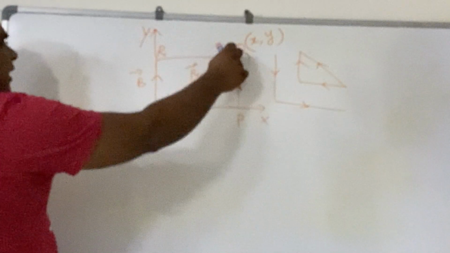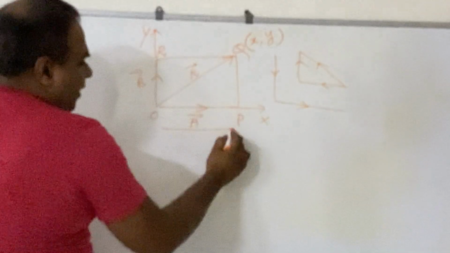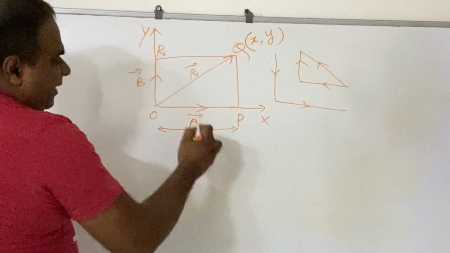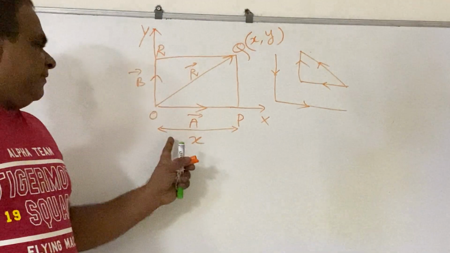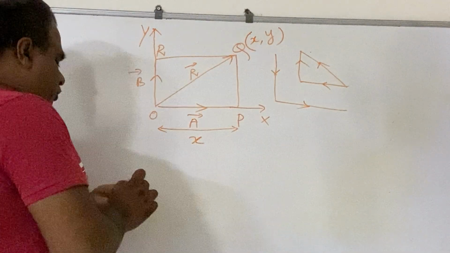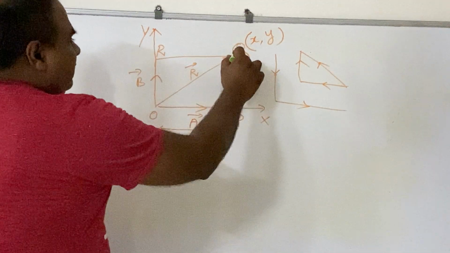If the coordinate of Q is x comma y, what will be this magnitude? This will be x. You can easily understand. This Q is xy, which means you can draw a perpendicular like this, right?